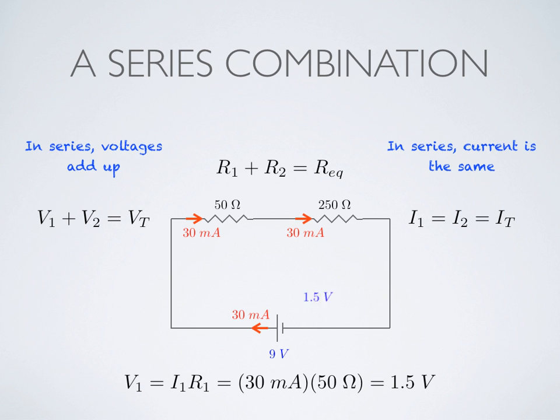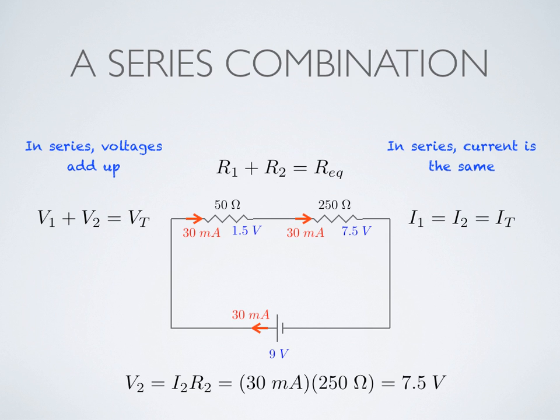V equals IR on the first one gives me 1.5 volts there. V equals IR on the second gives me 7.5 volts there. Notice the 1.5 and the 7.5 add up to be 9, so everything's copacetic here. V1 plus V2 does in fact equal V total, and I1 equals I2 equals I total, and V equals IR is behaving itself for every element of the circuit, so everything's good.